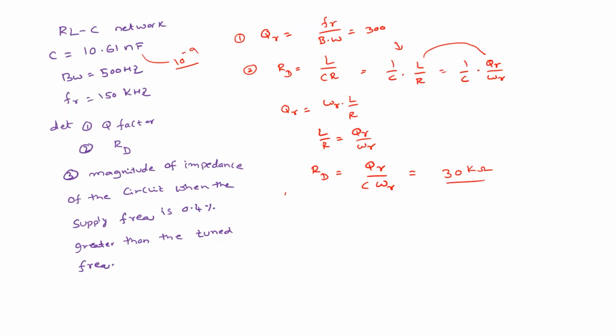All right. What is the next thing? What is the third one? Magnitude of impedance of the circuit when the supply frequency is 0.4% greater than the tuned frequency.